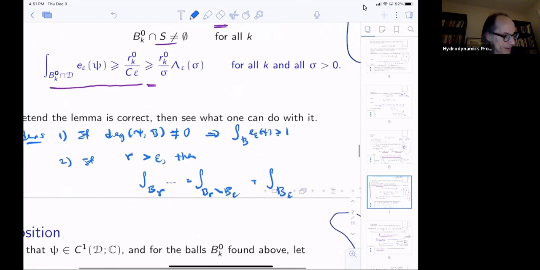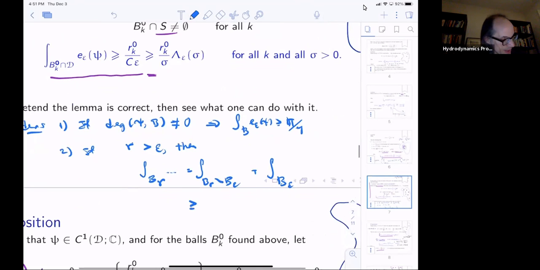And this is not 1, but this is like some constant, pi over 4. And so this is bigger than pi over 4 from above, and this is like the integral from epsilon out to r, and the integral over the boundary of the ball of radius s of the energy.